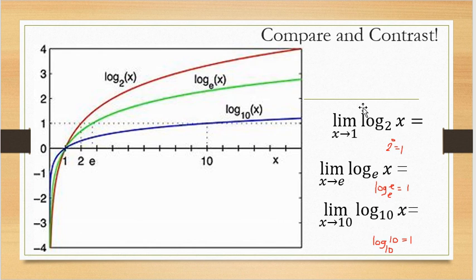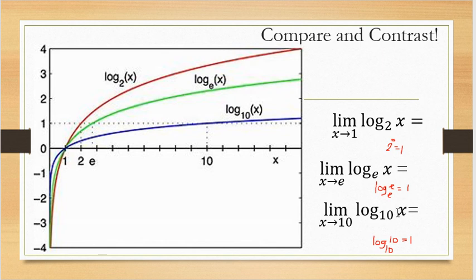No. This one is, yeah, 0. Next, limit of log of e, log of x base e. So remember, kung mag-e ni siya, this one is equal to 1. So the answer for this is 1. And this one, log of 10 base x as x goes to 10, this one is equal to 1.